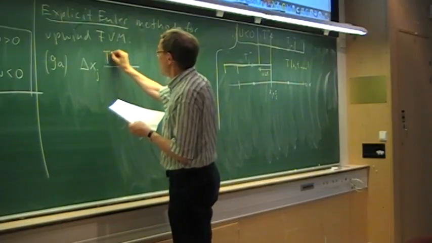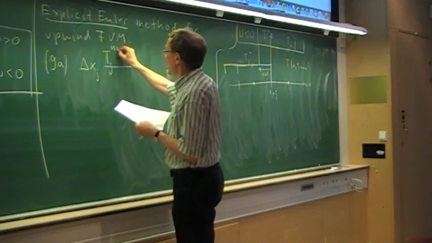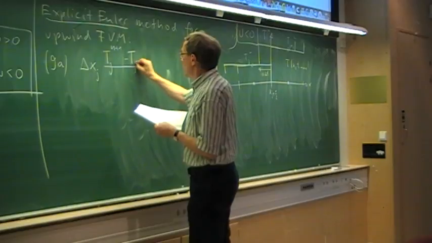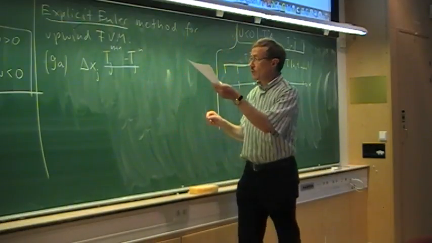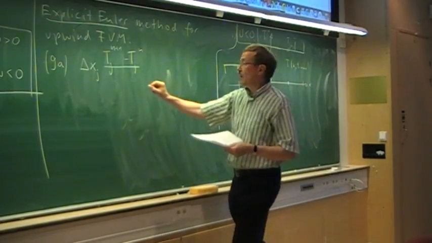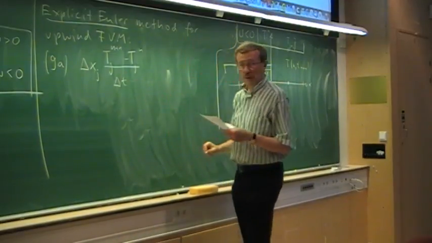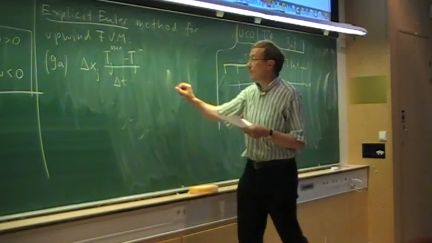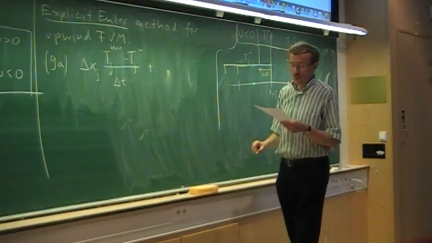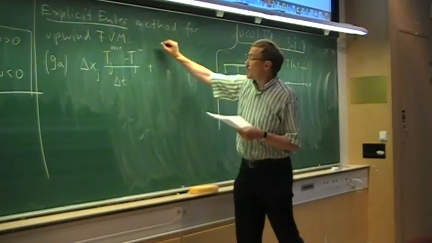That means for the cell j, we take the difference of our approximations at the new minus the old time level and divide by the time step size, delta t.